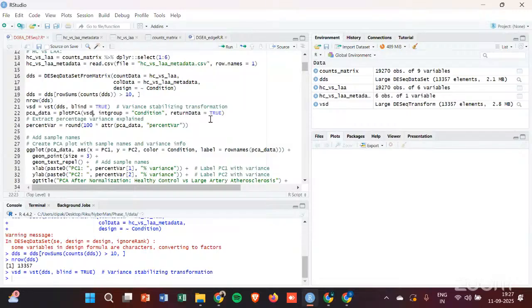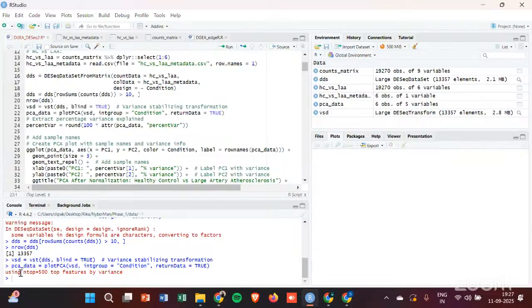I have set return data to true so that we get the data here and can manipulate it while plotting. If I run this, you will see it is using ntop equal to 500 top features by variance. That just means it is only going to calculate the principal components using the top 500 most variable genes.